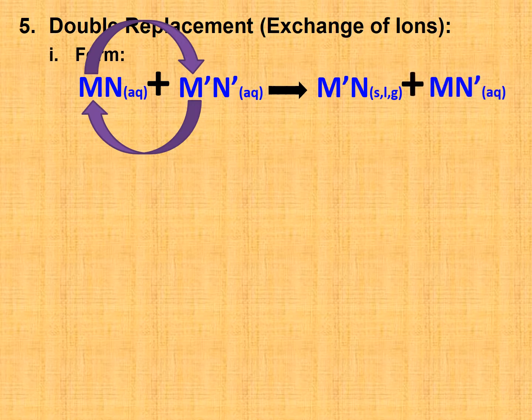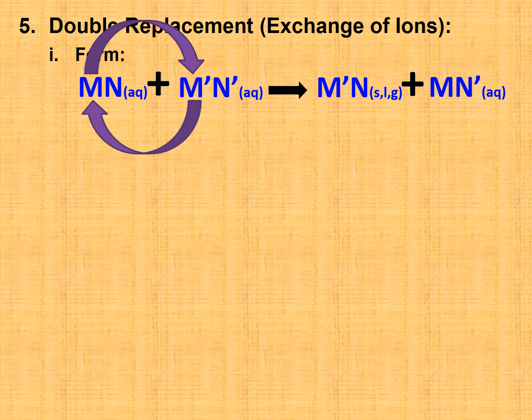Now, the way we write the reaction is really an oversimplification of what's truly happening. We need to look closely at the phase notation to understand what's going on. Let's start with the reactants. Writing MN suggests that a compound exists where the two ions are somehow joined together.